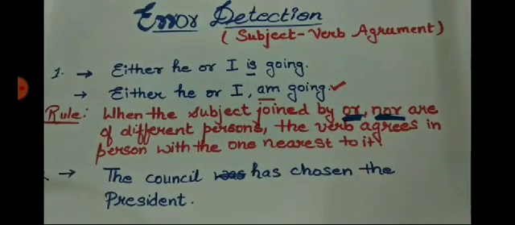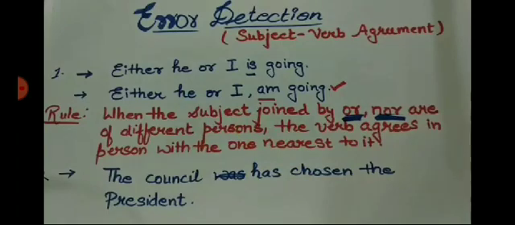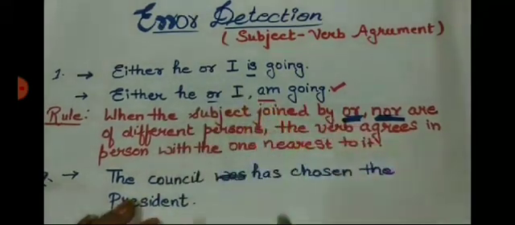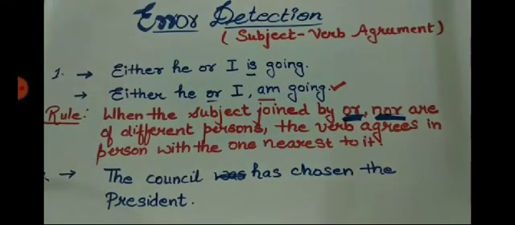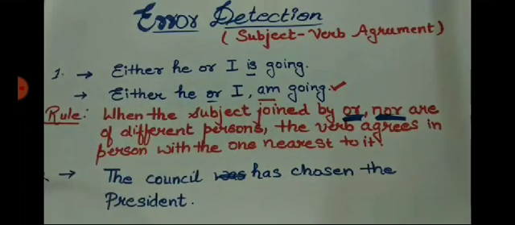The nearest one is I, so I have to use am, because we use am with I. So when the subjects are joined by or, nor and are of different persons, the verb agrees in person with the one nearest to it. So you have to take care which one is the nearest one.